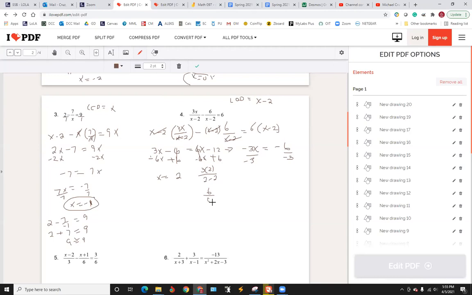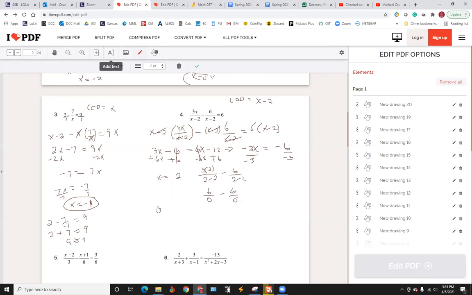What's wrong with that? The same thing's going to happen with this one. It's 6 over 2 minus 2. So what that does is it makes that original equation, or both of these expressions here, undefined.